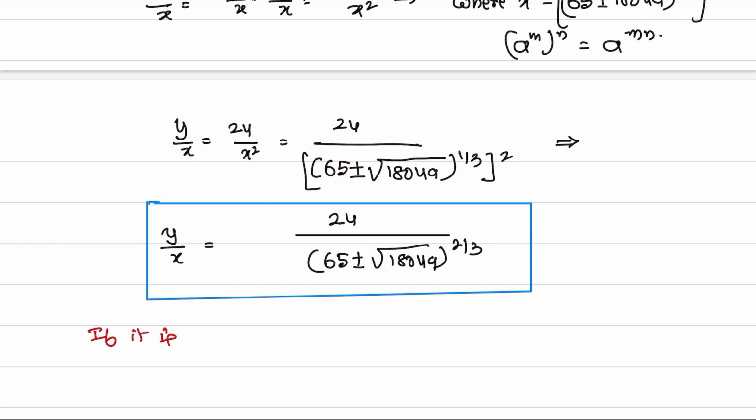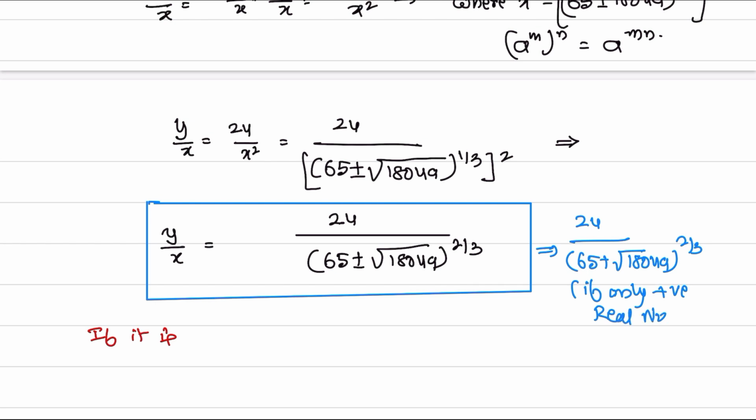Only positive means this solution will become 24 by 65 plus square root of 18049 to the power of 2 by 3, if only positive real numbers are considered.